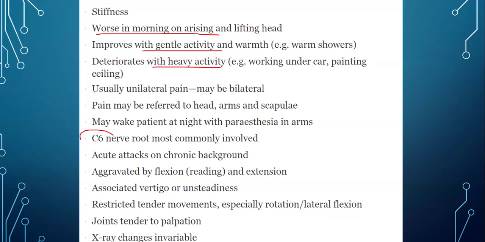Okay? C6 nerve root is most commonly involved. Sometimes patient can have an aggravation of the existing pain. They can have associated vertigo or unsteadiness with the neck problem.